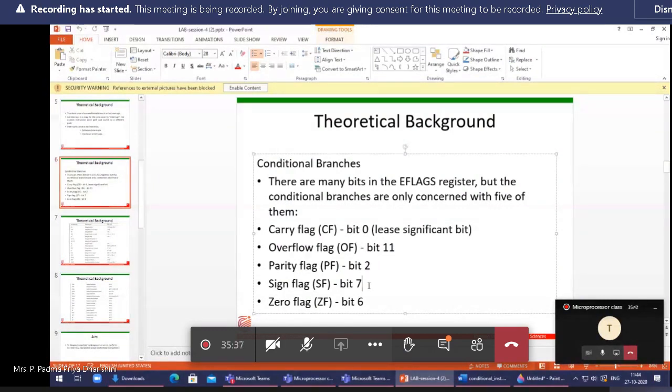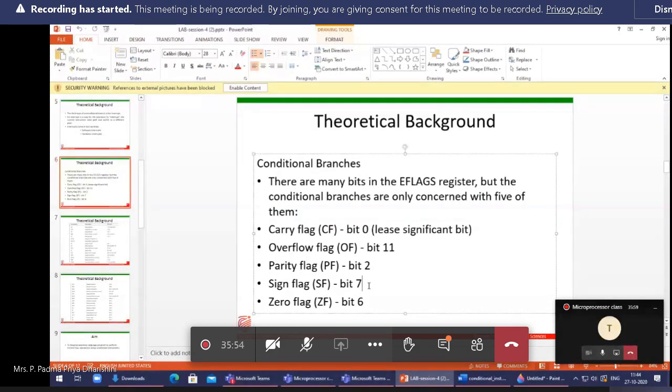I repeat, when we add two positive values and we get a negative value as a result, it will happen. I will take one example and show this in the lab demo.